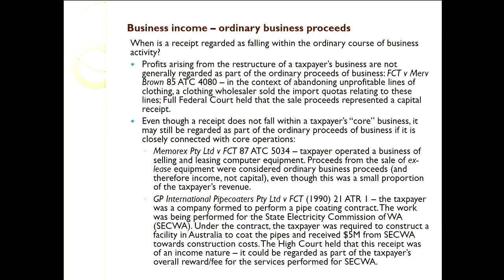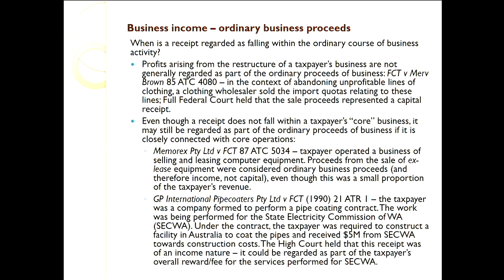Actually, I can pretty readily say yes to that. Actually, I think it's even more straightforward than Memorex. Whatever the taxpayer may argue, what's really happening here is that $5 million is really part of the remuneration or overall success fee for getting the contract.